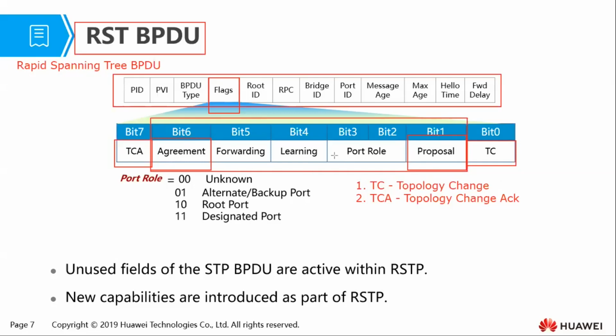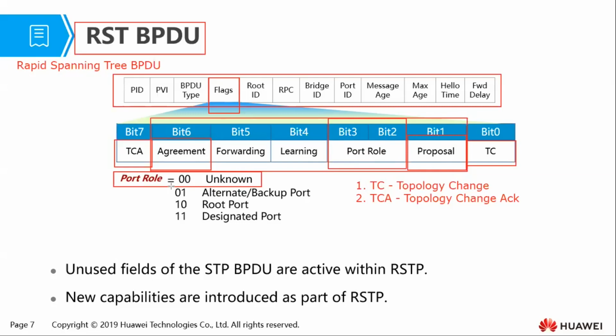The other thing that will be there is these 2 bits that are used to identify the port role. So for example, when the port role is unknown, these 2 bits are going to be 0, 0.